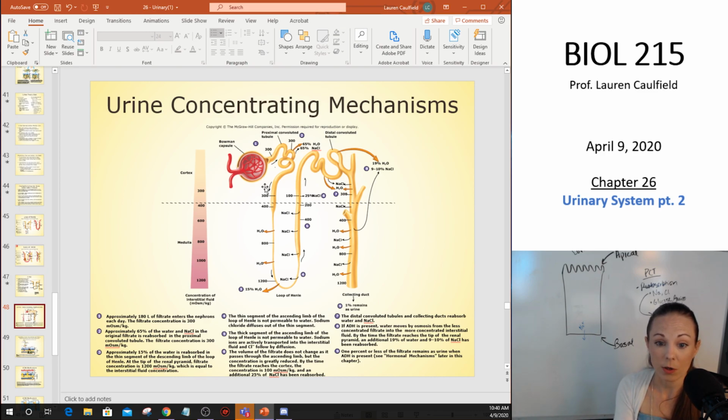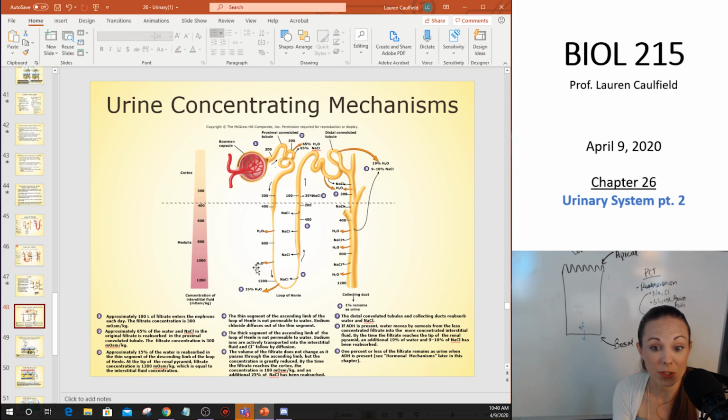So as we are moving filtrate down this descending limb, we're increasing the concentration of solutes in that interstitial fluid. So as we increase that concentration of solutes, that means that more and more water is going to be drawn out as we make our way down.